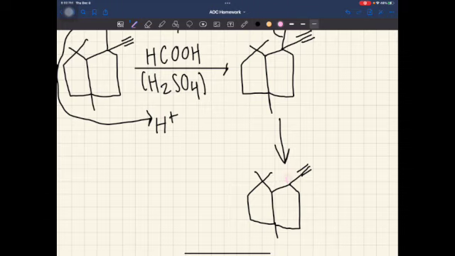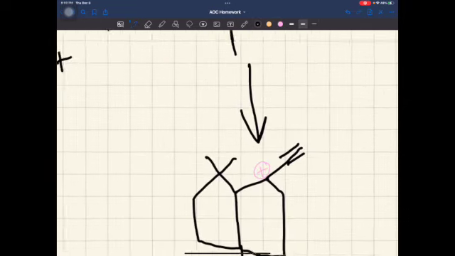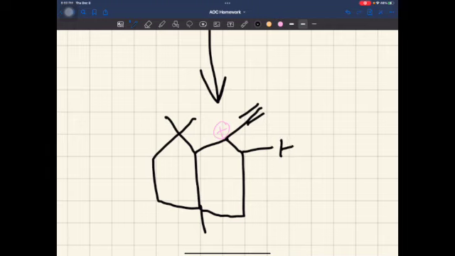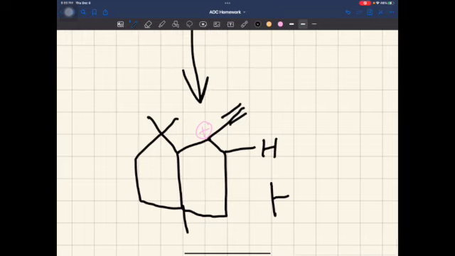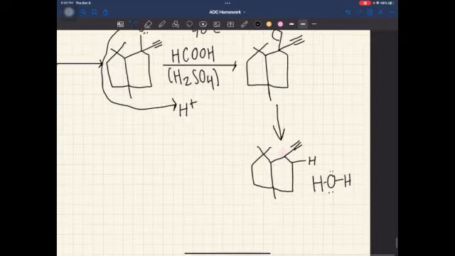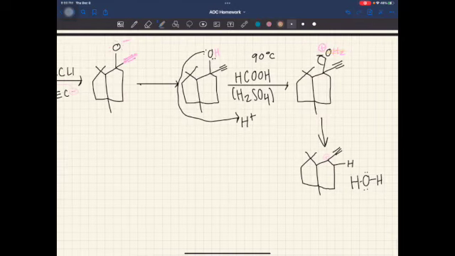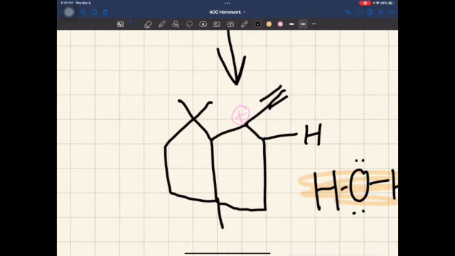So the carbocation that is formed is going to be stabilized by removing this hydrogen. So the water that left here is now in the system. It's going to act as a base, and it's going to take this hydrogen, breaking this bond and forming a pi bond here.